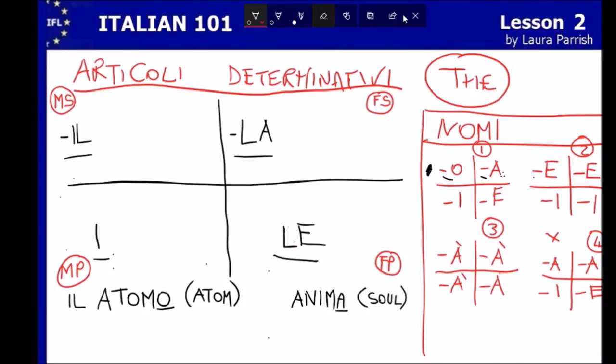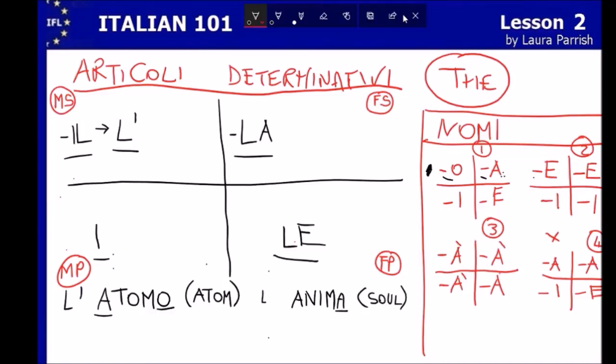That is not correct. Why? Because this word starts with a vowel. So you need to use the contraction of the article, that is l'. Basically, here it is like another article, l', but in reality it is the same article with a contraction. In front of a word starting with a vowel, you have to use the contraction, l'.